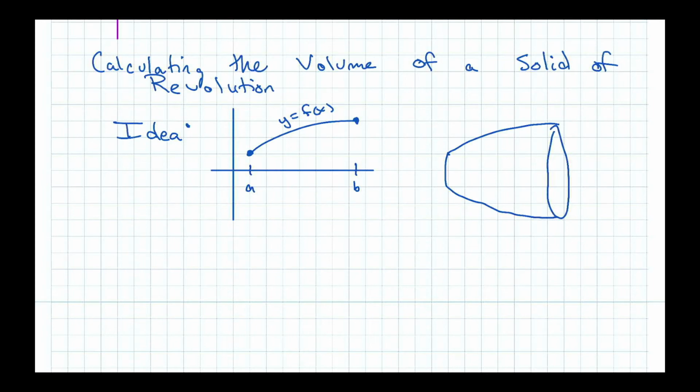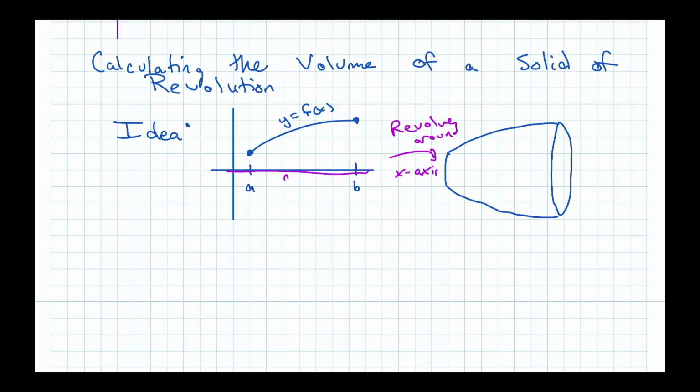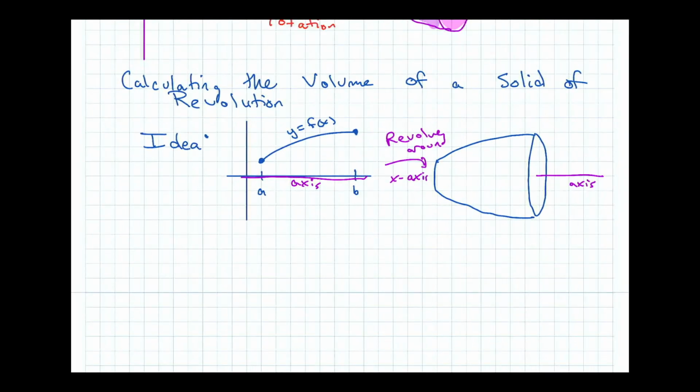So something like this. It doesn't need to be perfect. You end up with something like this when you revolve it around, in this case, the x-axis. Okay, so we did that.